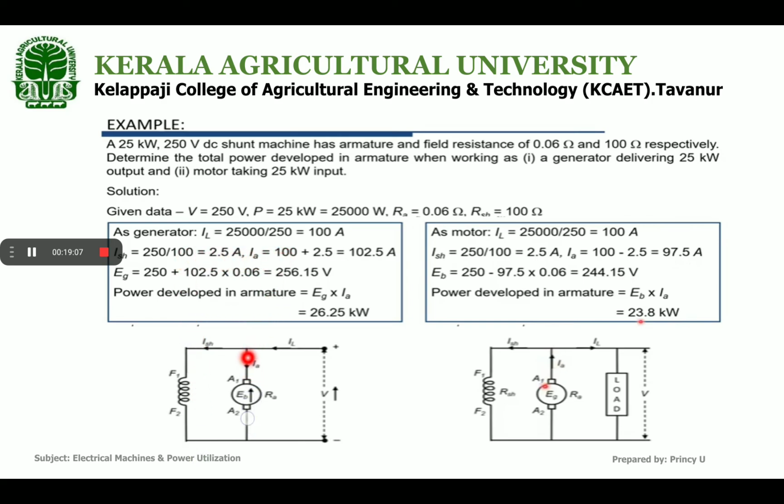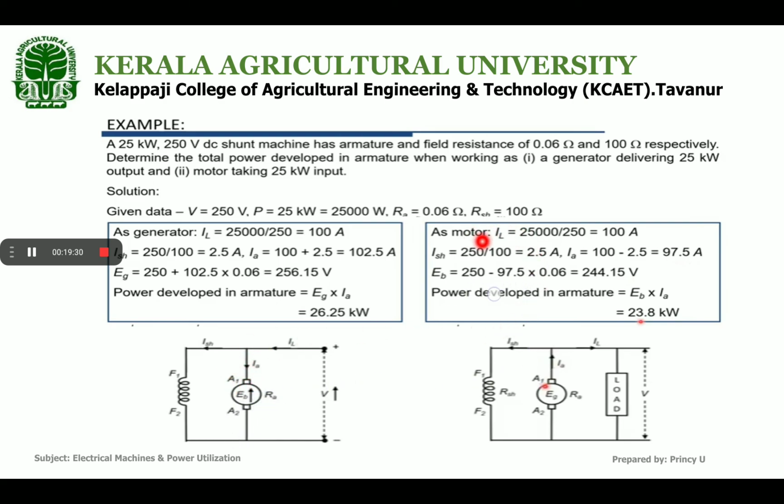Then find out Ia. Ia is the sum of Ish plus IL. So by adding load current and shunt field current, you will get the armature current. Then Eg is equal to V plus IaRa will give you Eg, the generated EMF. Then power developed in the armature is equal to Eg into Ia. That is the power developed in the armature.